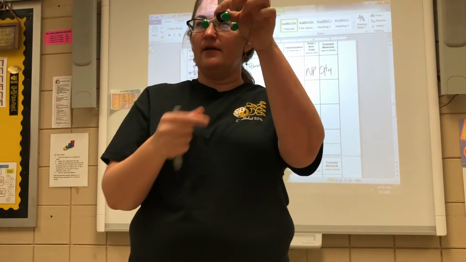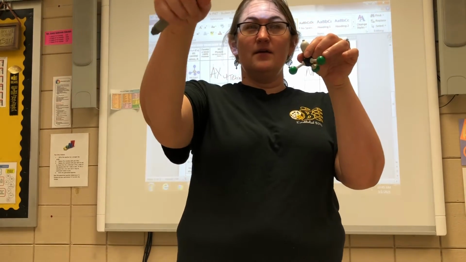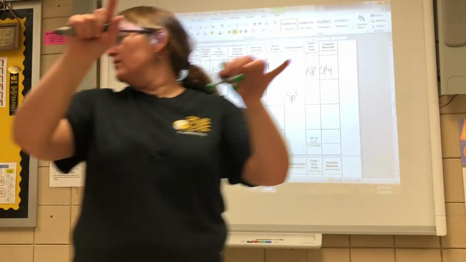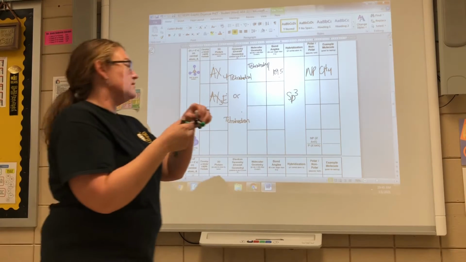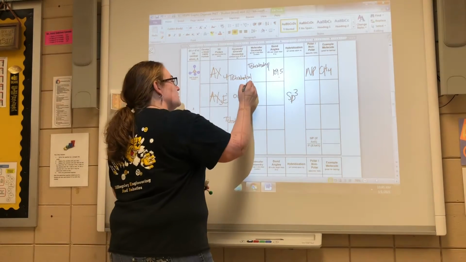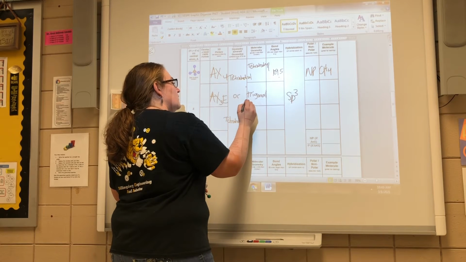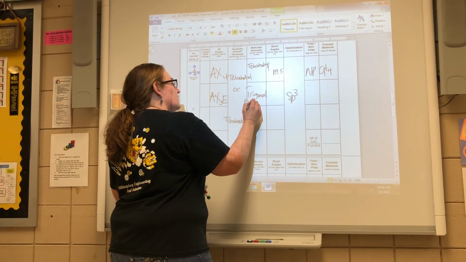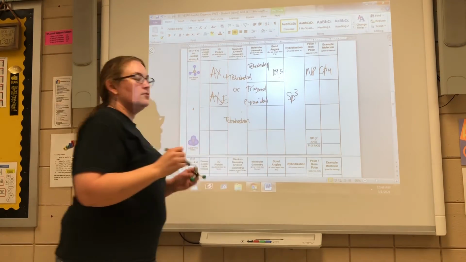What would we call that? A trigonal pyramidal is what we're going to call it, because it is like a pyramid, but we're going to put that word trigonal in there. Trigonal pyramidal.